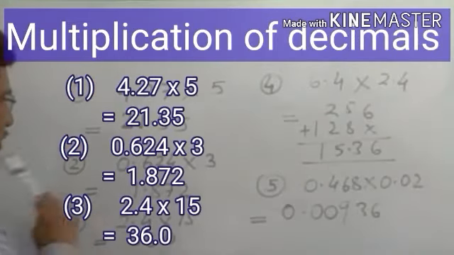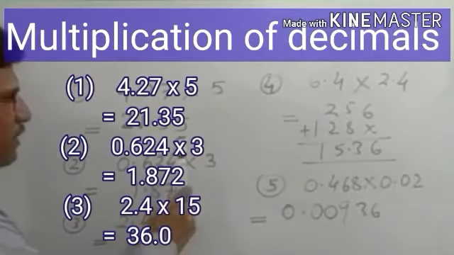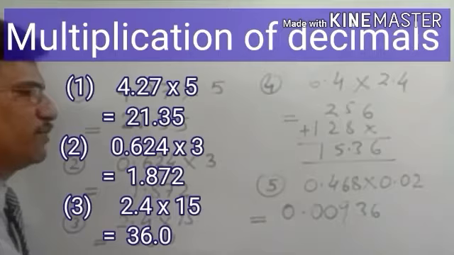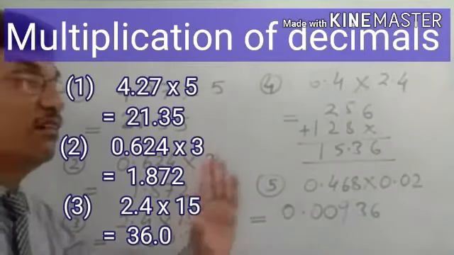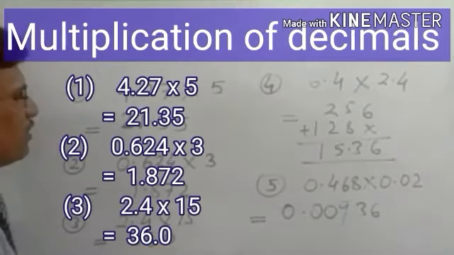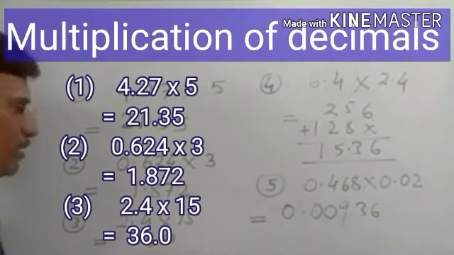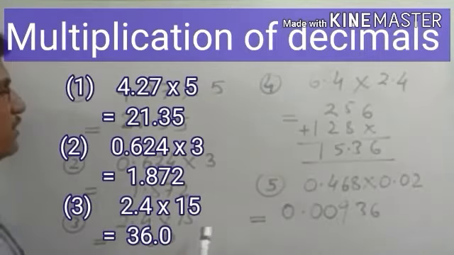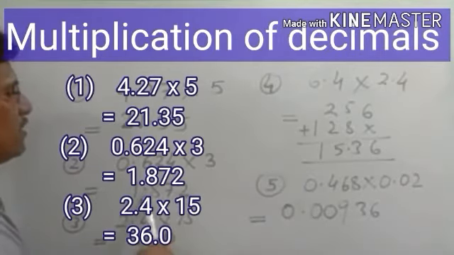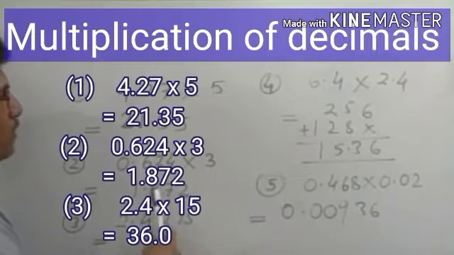Okay. Second example. 0.625 into 3. First we multiply 625 by 3, ignoring the decimal. We get 1875. Now after the decimal 3 digits. So we have to put the decimal after 3 digits from the right. 1, 2, 3.